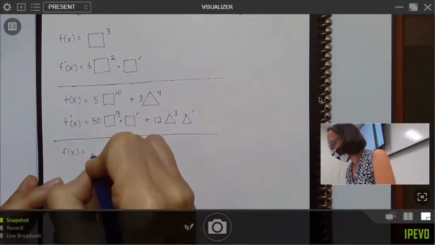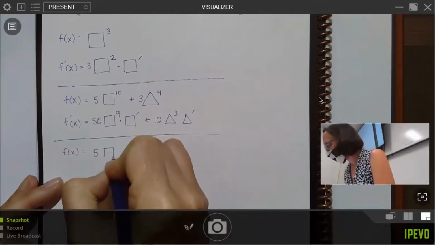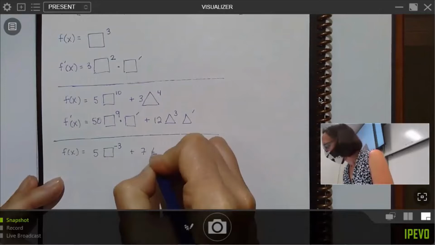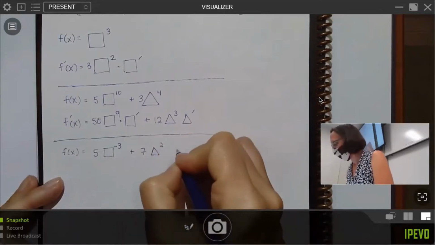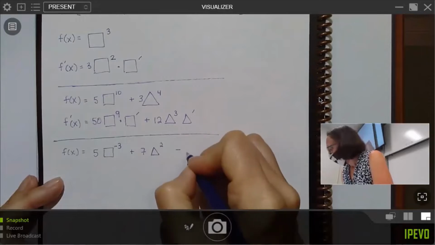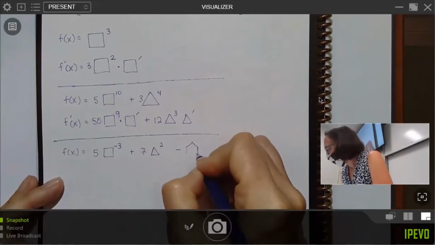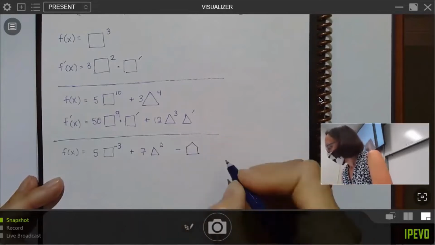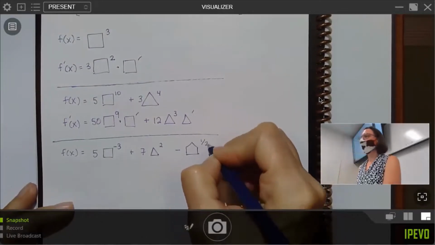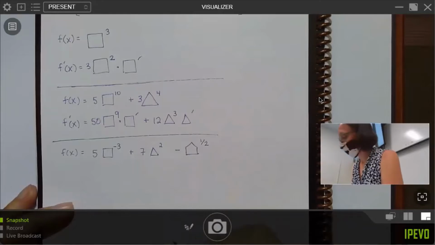Let's say I had 5 box to the negative 3rd plus 7 triangle squared minus pentagon to the 1/2 power. And I went to take the derivative.